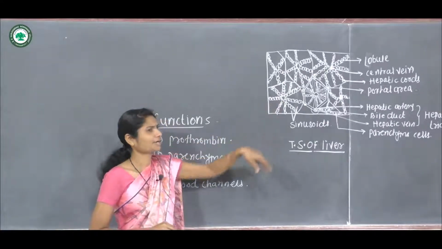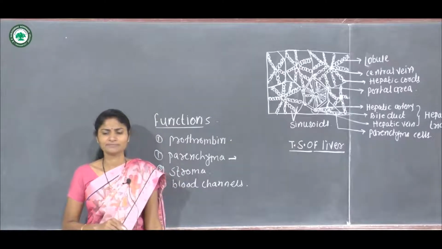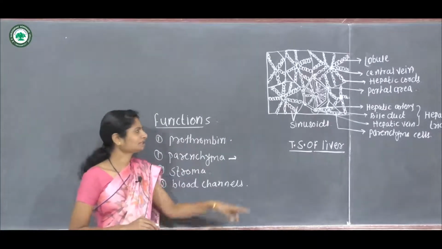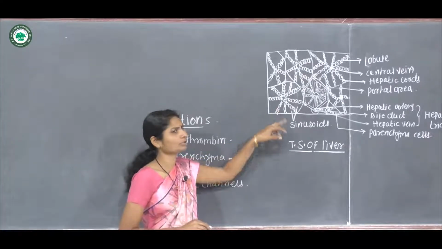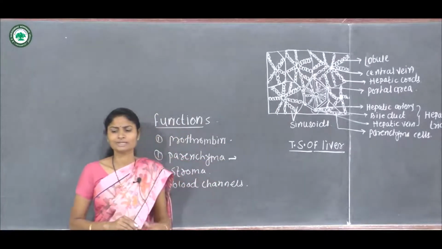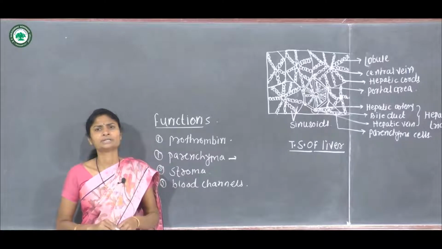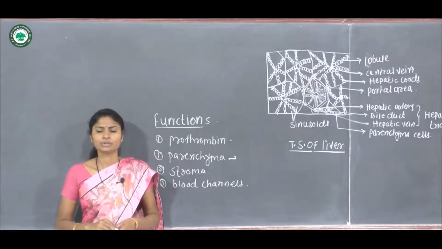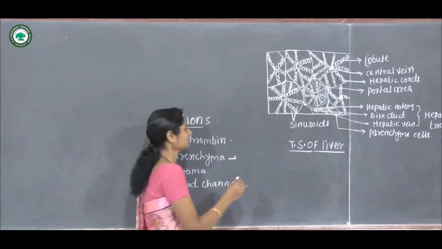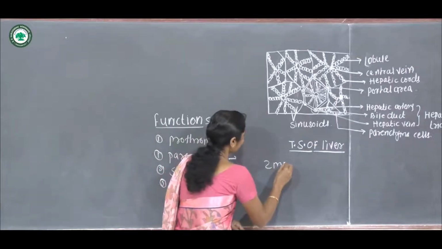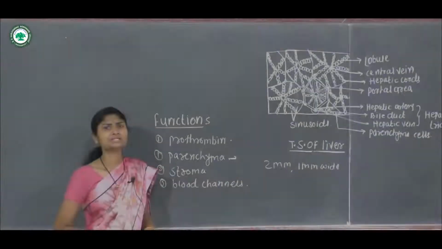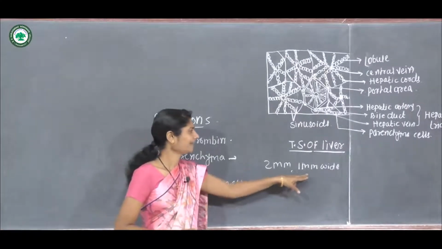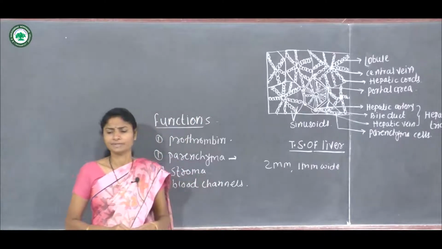Each hepatic lobule in human beings is about 2 mm tall and 1 mm wide.